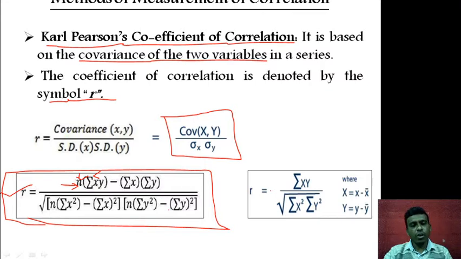If you want a shortcut method, for when the values are too huge, suppose we want to study the correlation between the weight of item 1 and the weight of item 2 loaded in a truck in kgs. Then the x values might be 7000 kgs, 8000 kgs, 9000 kgs, 10000 kgs, and so on.